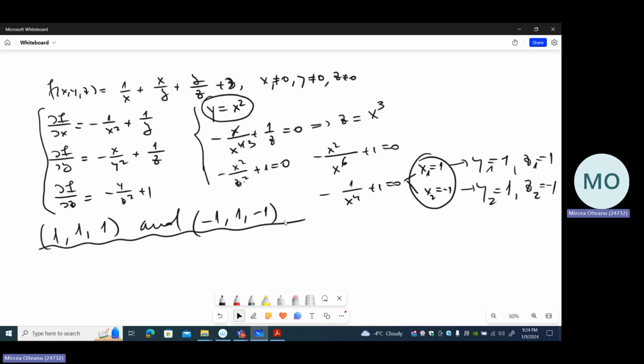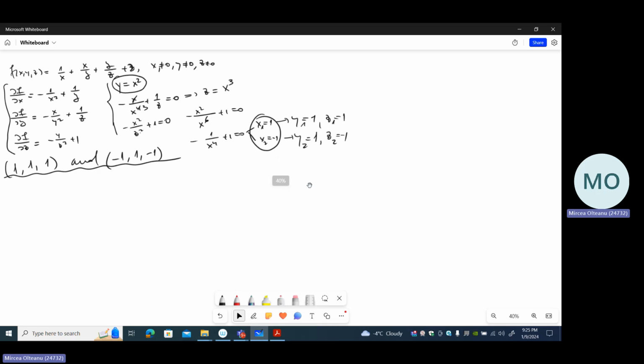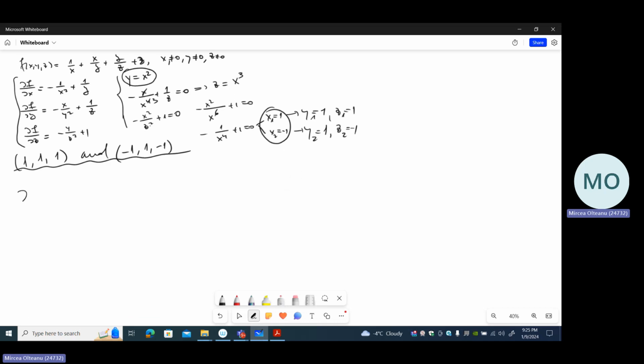Okay, now we need to compute the second order partial derivatives.